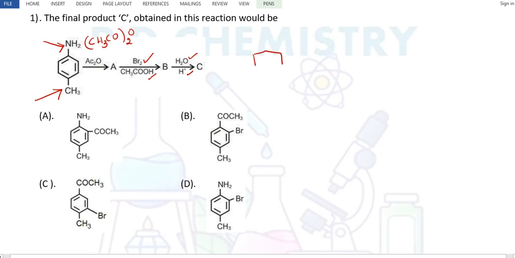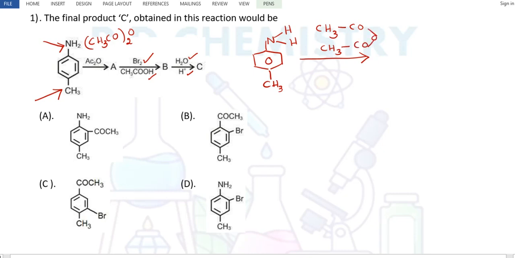The benzene ring attached to NH2, nitrogen attached to two hydrogen atoms, correct? And there is a CH3, correct? Now, amines can be easily acetylated using acetic anhydride. Acetic anhydride formula CH3CO, CH3CO, then attached to the oxygen.